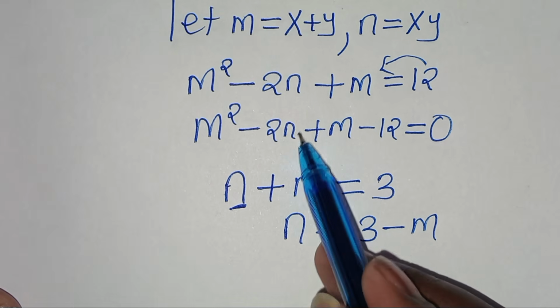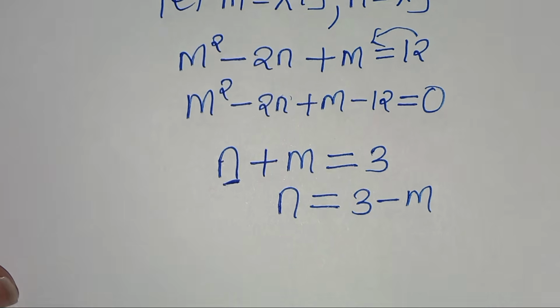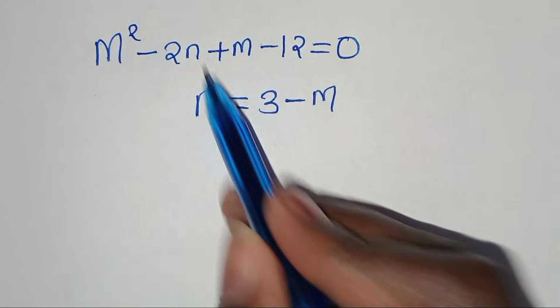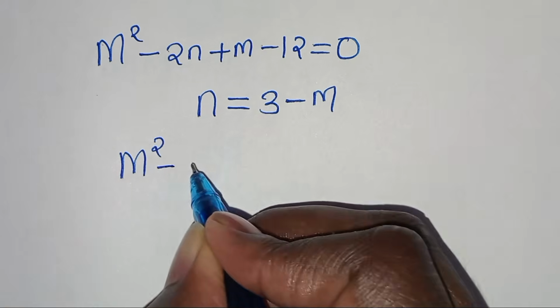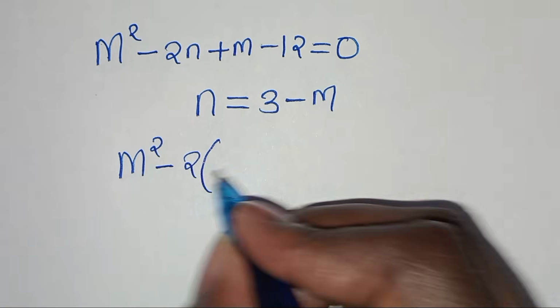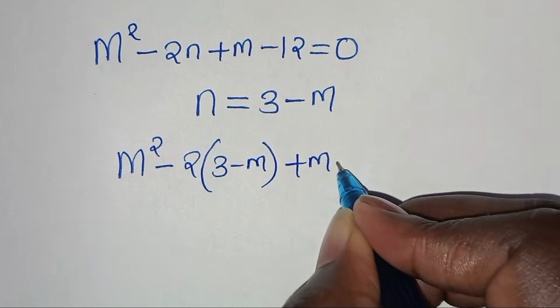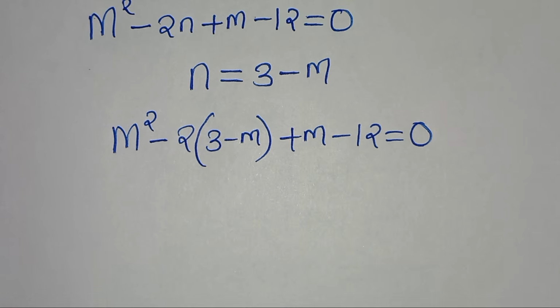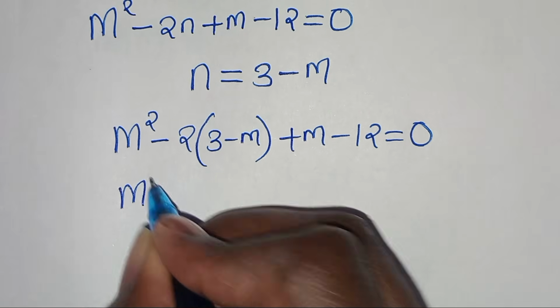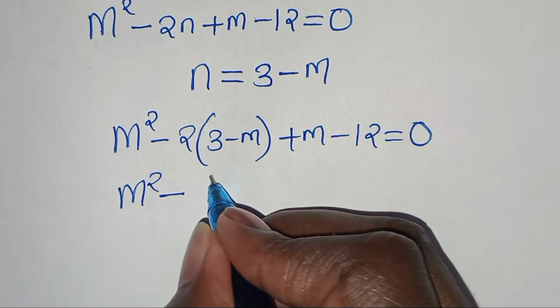So let's substitute where we have n with 3 minus m. So we have m squared minus 2 multiplied by 3 minus m plus m minus 12. This is equal to 0. So this means we have m squared minus, this is 2 times 3, this is minus 6.